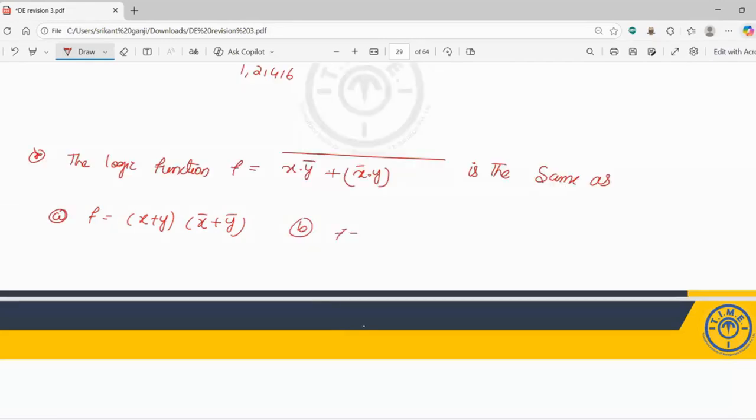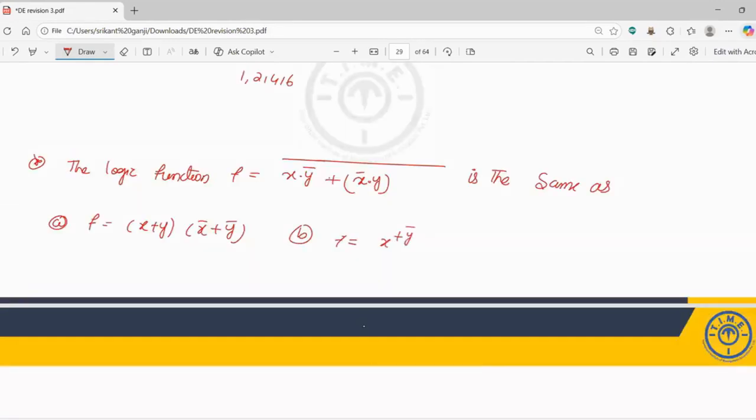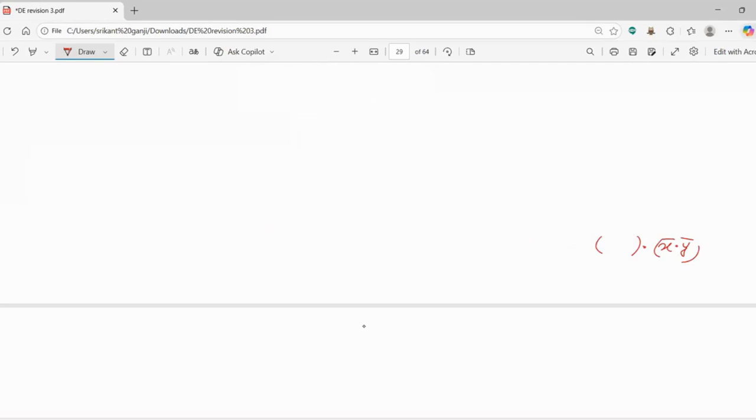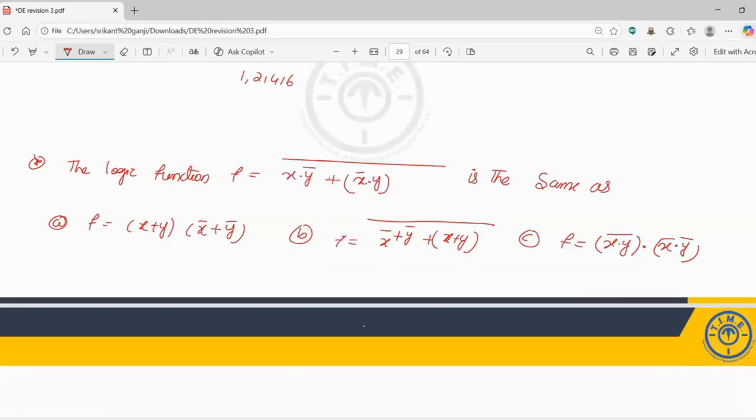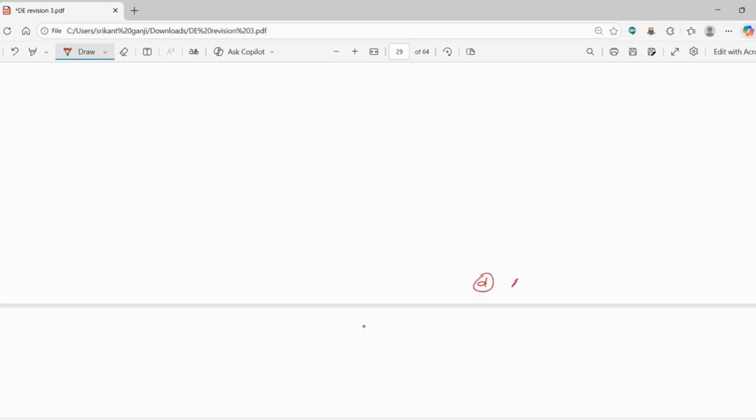B, f is equal to (x bar plus y bar) plus (x plus y)'. C, f is equal to x dot y bar dot x bar dot y bar. D, none of the above.